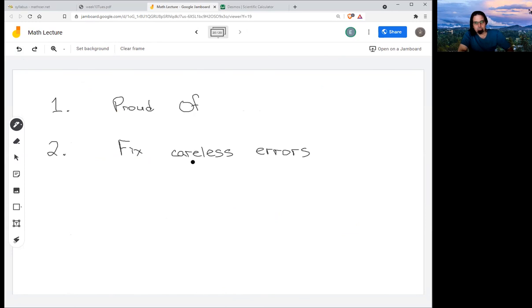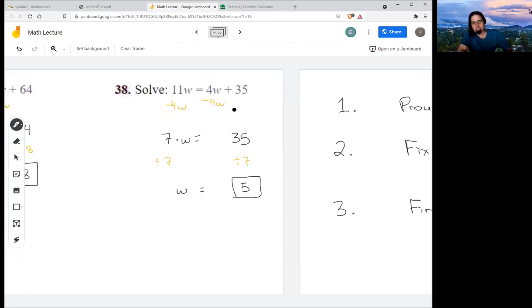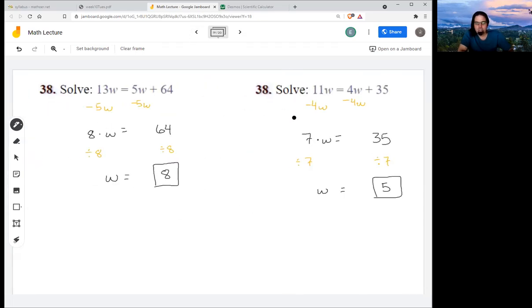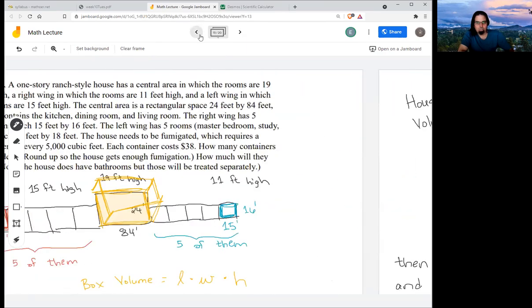And then the third is finding other mistakes. So either I will do problems wrong on purpose, or I will copy and paste them from the photos you send me. There will be problems that, let me find an easier one.